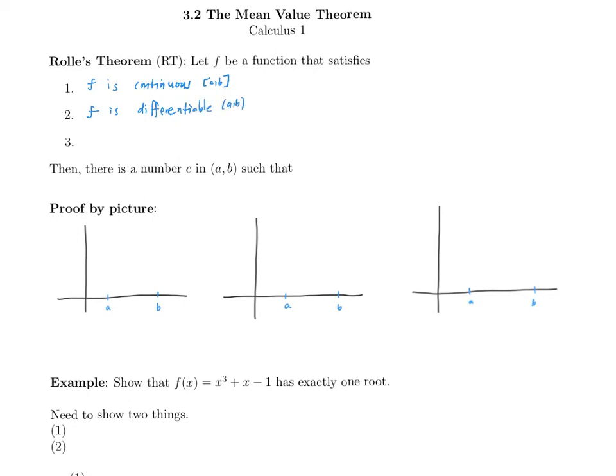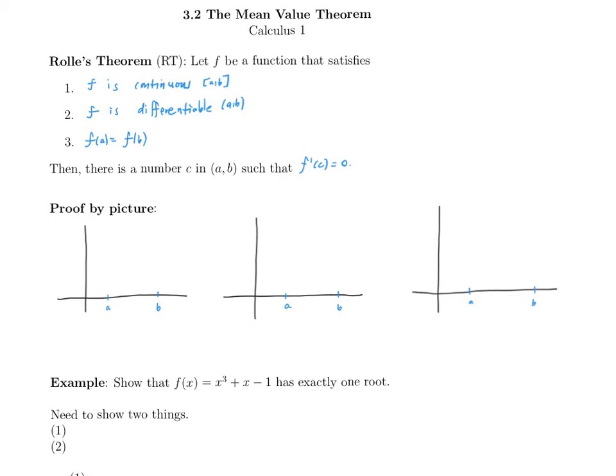And lastly, we need f of a to equal f of b. And if these three things are satisfied, then we are guaranteed that there will be a number c somewhere between a and b such that f prime of c is equal to 0.